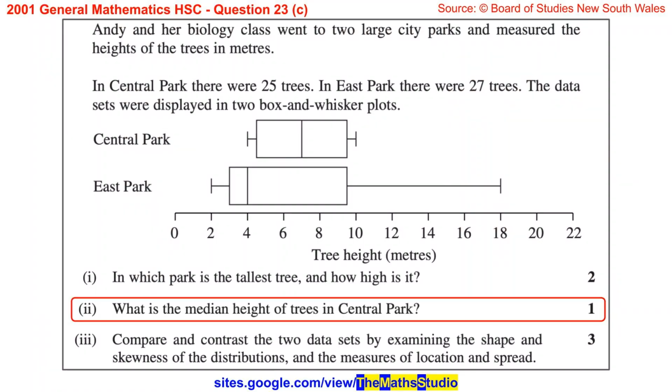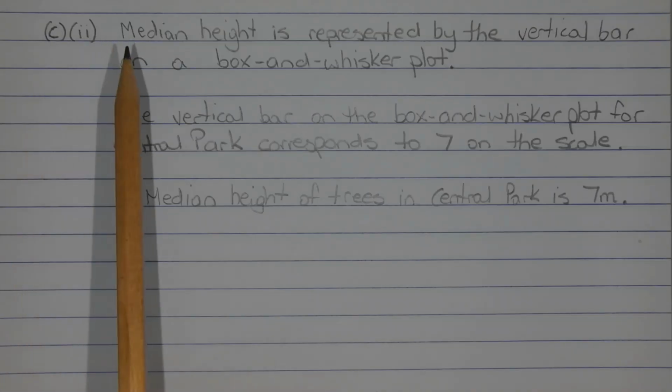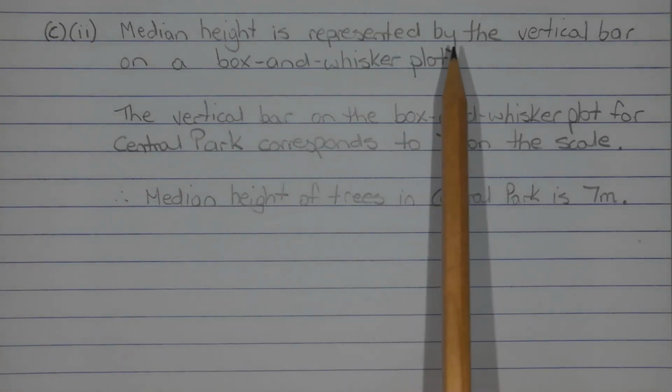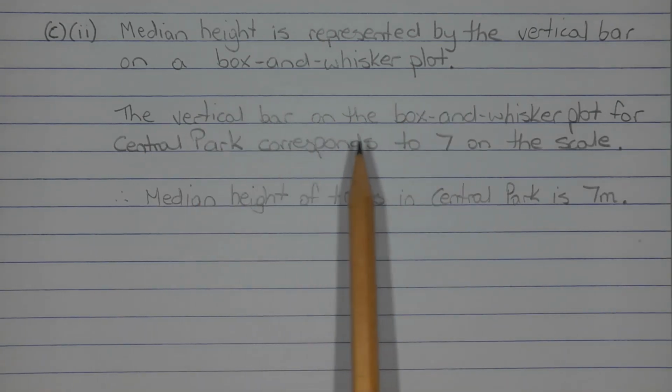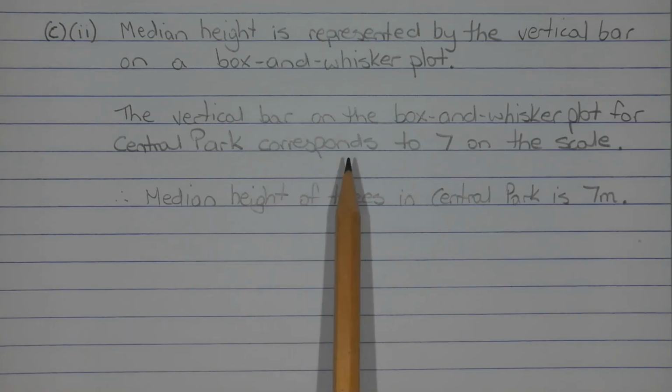Part 2. What is the median height of trees in Central Park? The median value of a dataset is represented by the vertical bar on a box and whisker plot. Now the vertical bar on the box and whisker plot for Central Park corresponds to 7 on the scale.